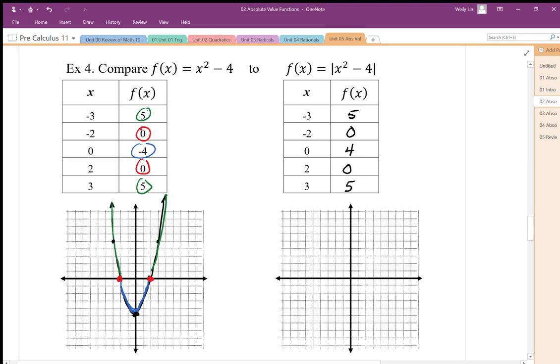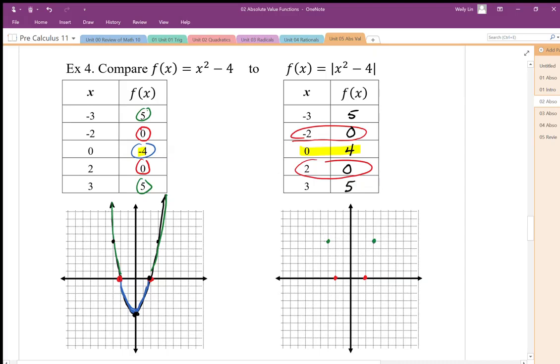So really the only thing that's changed is this point here. That was our negative. Our -4 became +4. Our boundary points are going to be at the zeros. This is where the change occurred. So when I graph this, -2, 0, same points. -3, +5, those don't change. +3, +5.